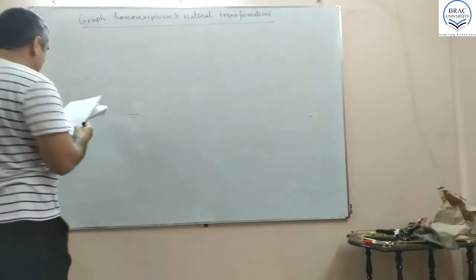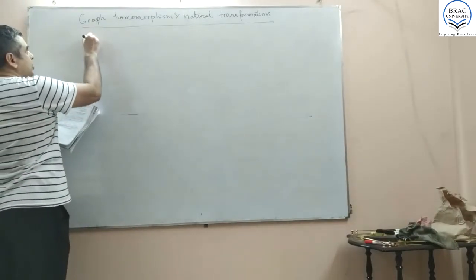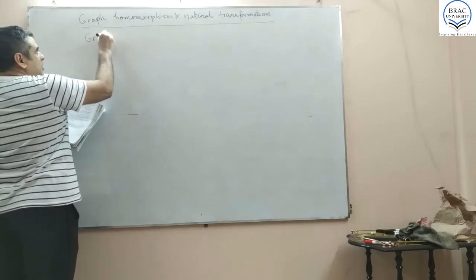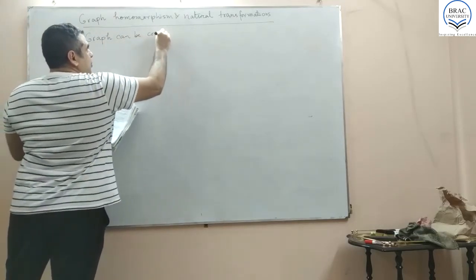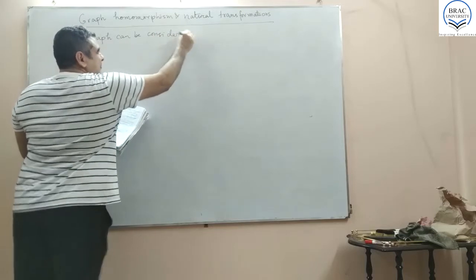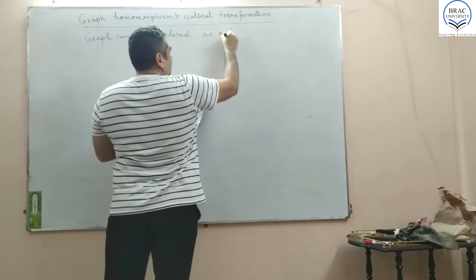Okay, so now we write that a graph can be considered as a functor. How does it work?